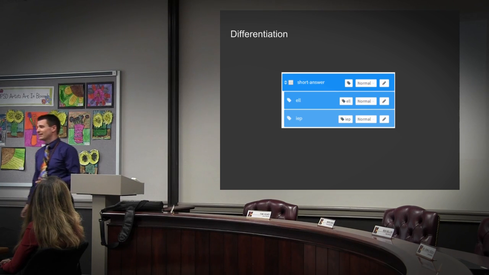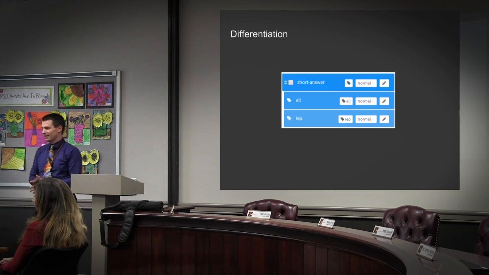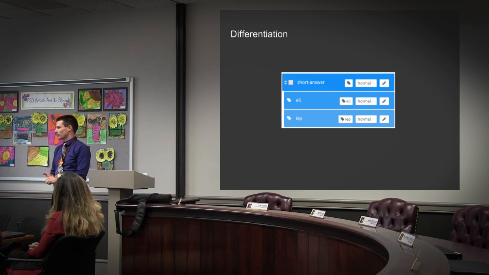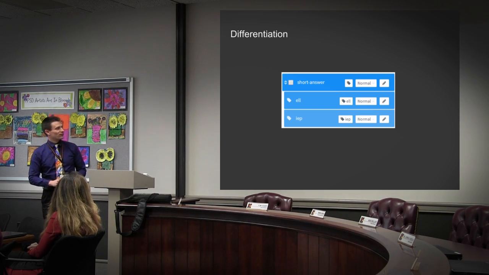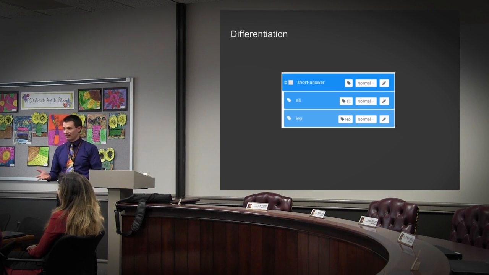The other thing that I did not find that any LMS did well was being able to easily differentiate for your students. What I came up with was a way to tag different activities with different words. For instance, I have an ELL and an IEP activity that are tagged that way.